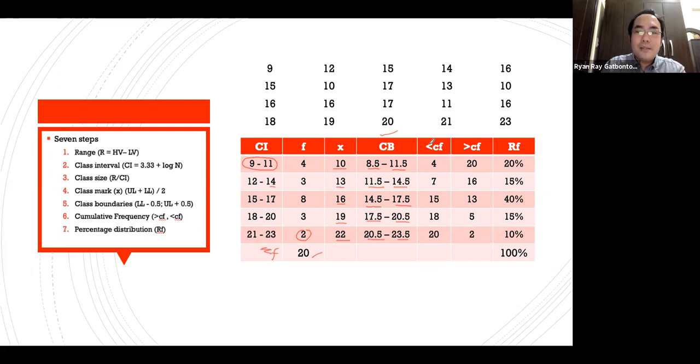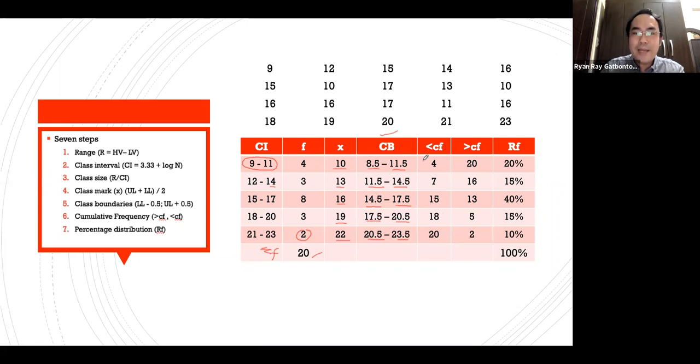Now, the increasing cumulative frequency tells you the frequency when it's adding up per class interval.